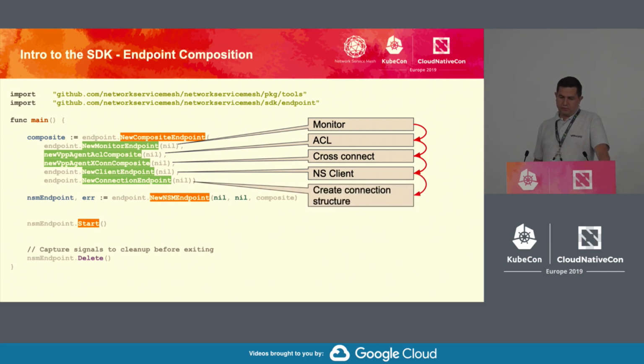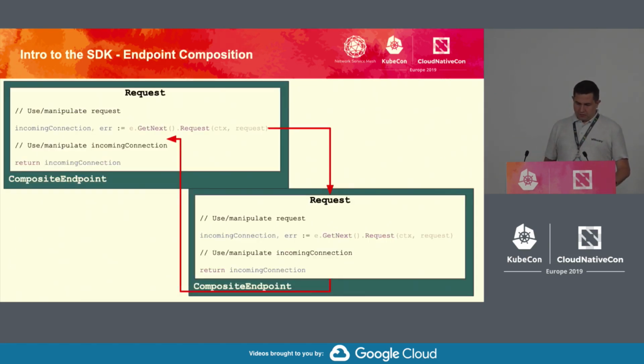And at the bottom we have a simple layer that just creates and fills the structure that we need. Actually, this is the structure that we showed in the client that has all the IPs and the context. Now, if we zoom in a little bit on the composables, this is what we have.